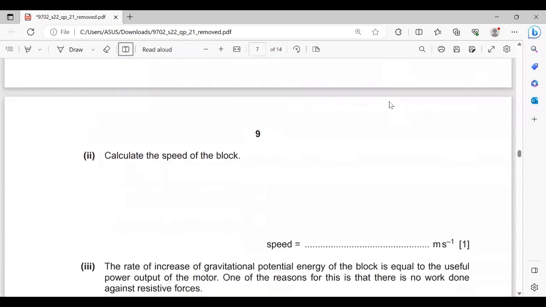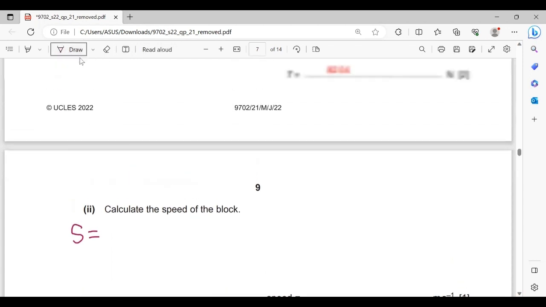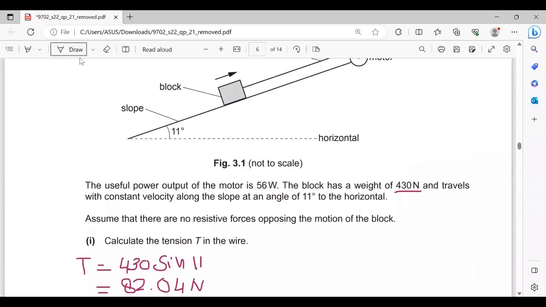Next, calculate the speed of the block. Speed equals distance over time taken, or speed equals the power, 56, over the tension.